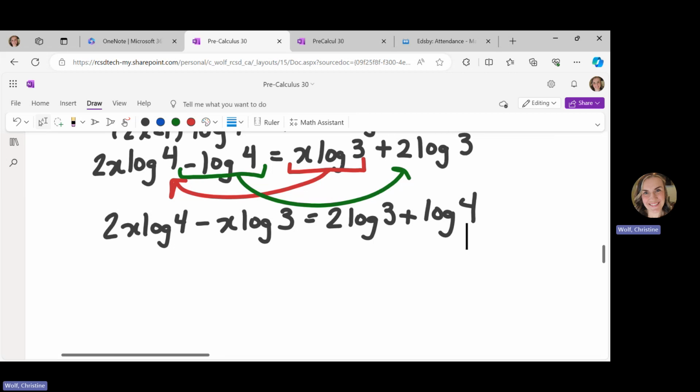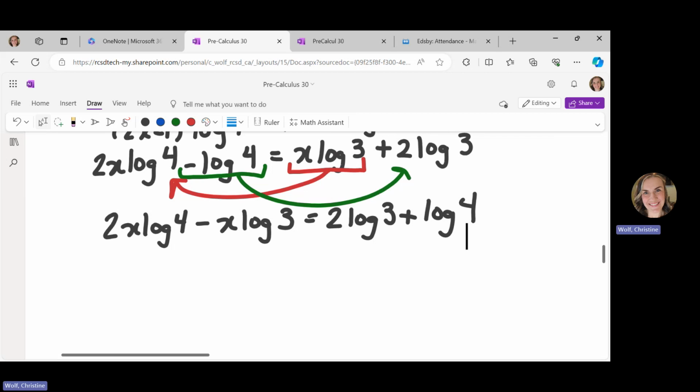I cannot combine those x's. I can't. It's apples and oranges. It's a log 4, log 3. How do I just get one x in my equation? No, you can't use the rules here.